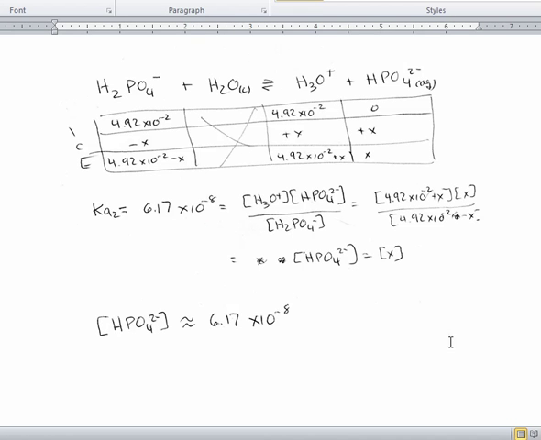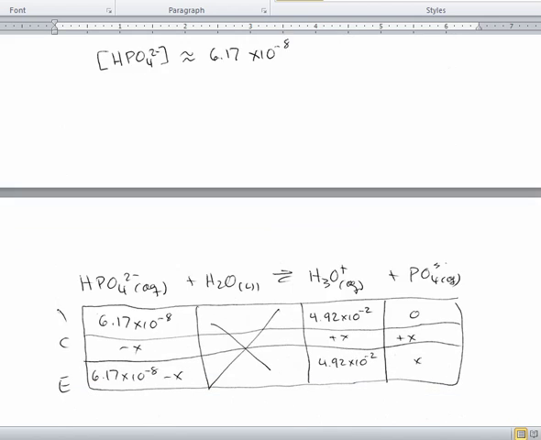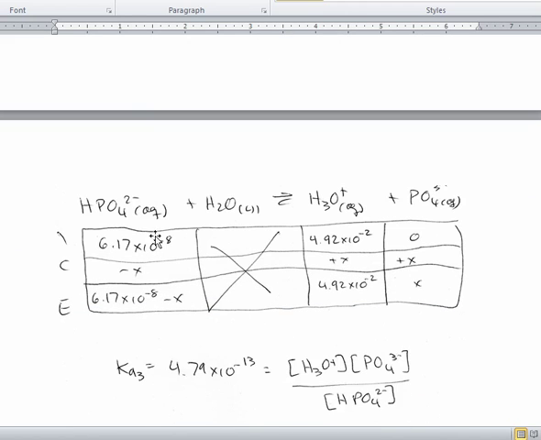All right. So let's look at calculating the concentration of phosphate. So this will be our last dissociation. Our monohydrogen phosphate only has one acidic hydrogen. And here is our equilibrium equation. And my initial concentration of my monohydrogen phosphate, I've already calculated, 6.17 times 10 to the minus 8.